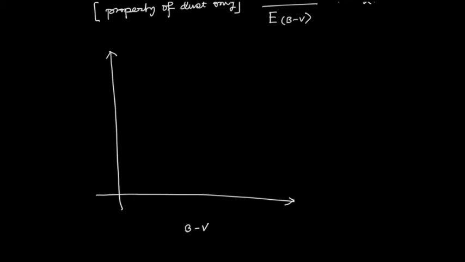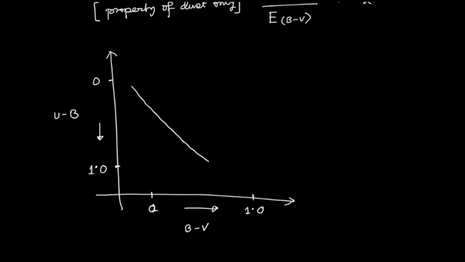So in the x-axis B minus V, in the y-axis U minus B. And there is one thing to notice here: B minus V increases this way. On the other hand, U minus B increases this way. It's a little odd. We'll see something more odd later, but this is what it is.